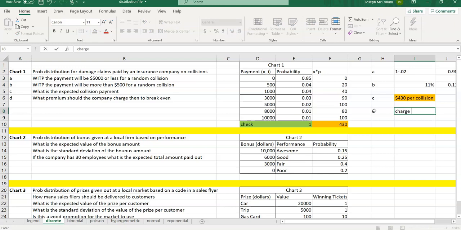So if we charge the average, we will break even in the end because the per person collision payout is $430. If we want to break even, we just set the premium to be $430. If you want to make a profit, just charge over that amount. How much should you charge? That's left up to the company and their decision.